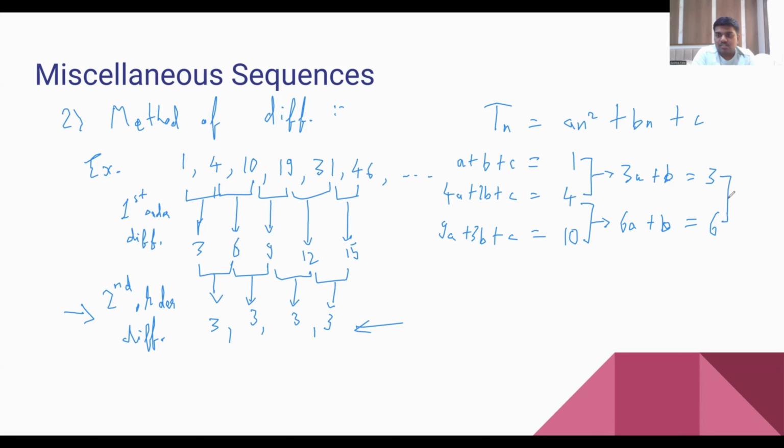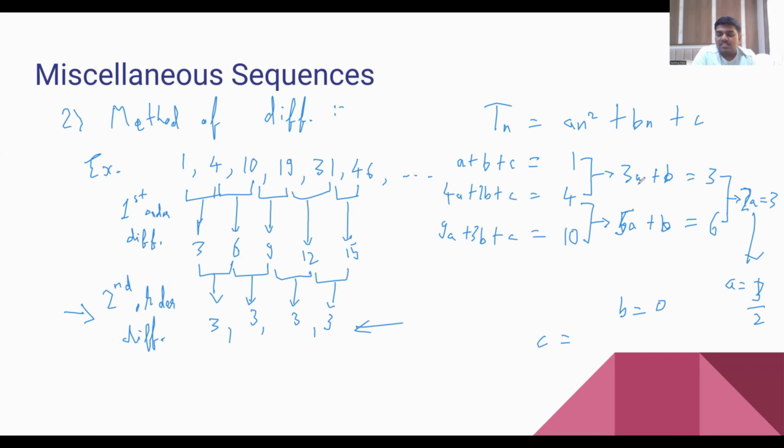And doing this difference gives us 2a is equal to 3, so a is equal to 3 by 2.